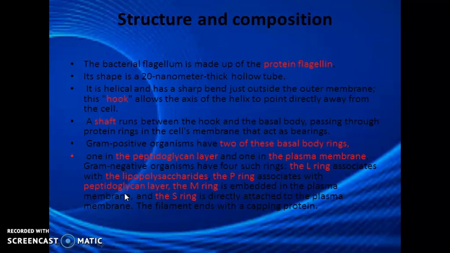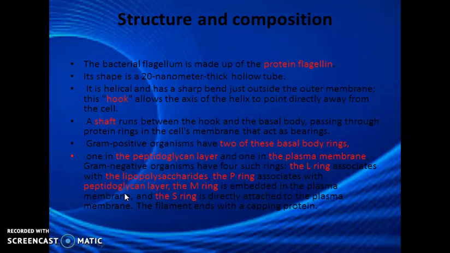That portion is called the hook. This hook portion allows the axis of the helix to point directly away from the cell. The next portion is a shaft, which runs between the hook and the basal body, passing through the protein rings.